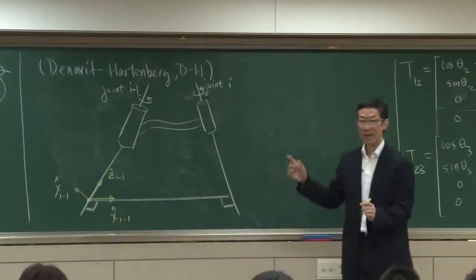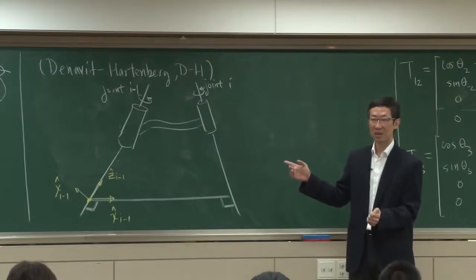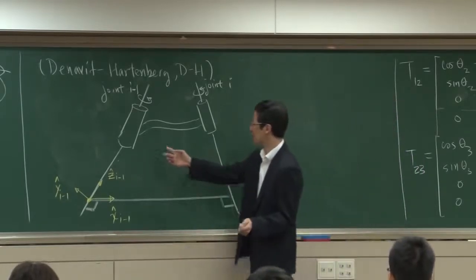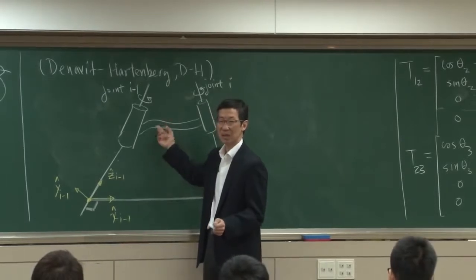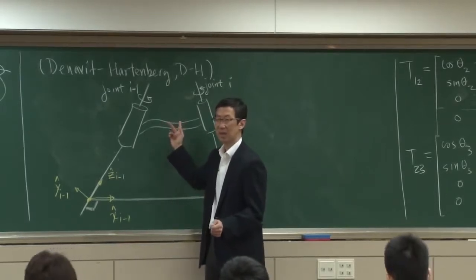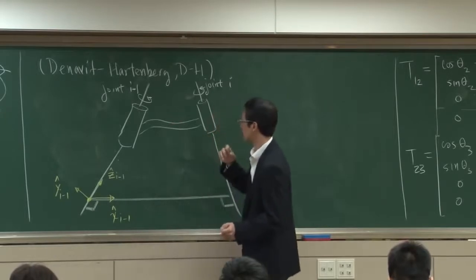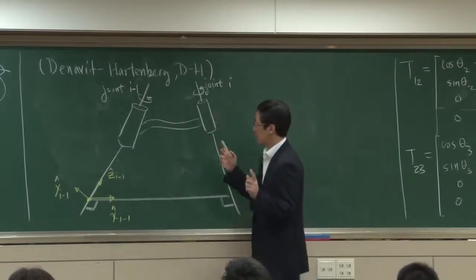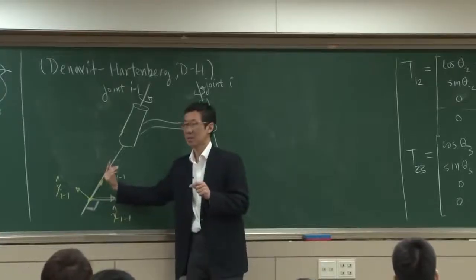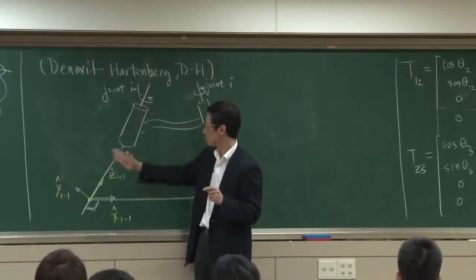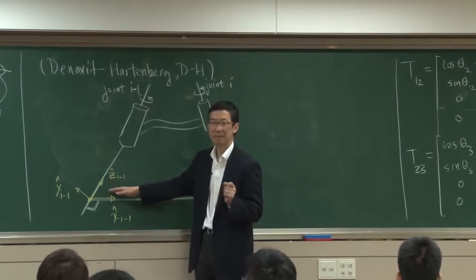So that's my link frame I minus 1. Notice that it's not necessarily attached to a physical link. But the thing to remember is that if this joint turns, this frame also moves. So as the joint moves, so does this frame.